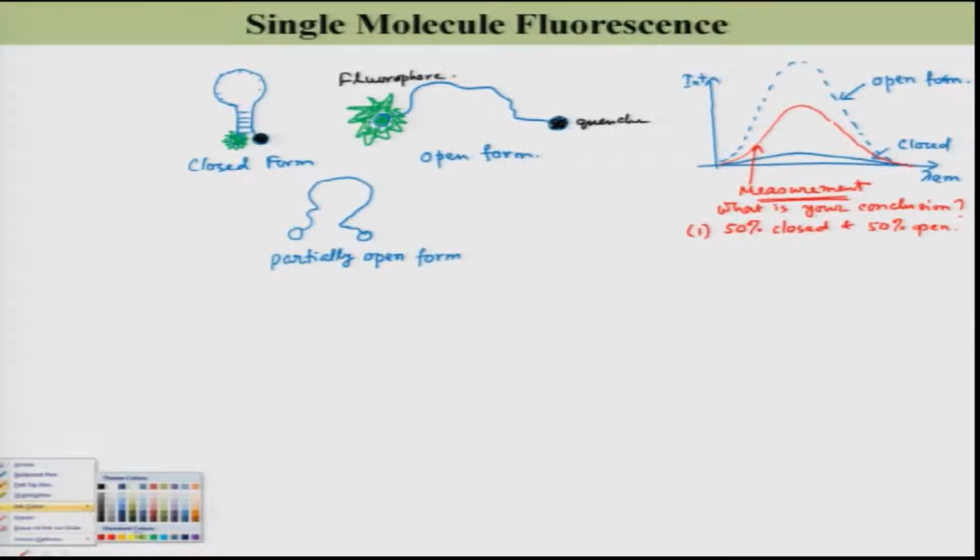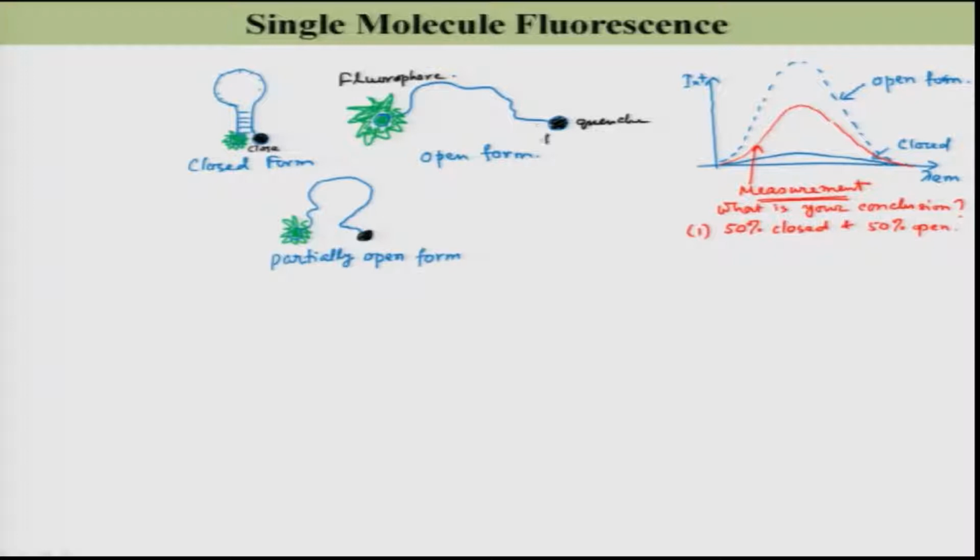So, in this case what you are going to get is moderately intense fluorescence, because the quencher is not very far and not very close. Here it is very close, here it is far, but here it is not very far or very close. So, probably this will give you the moderately intense fluorescence.